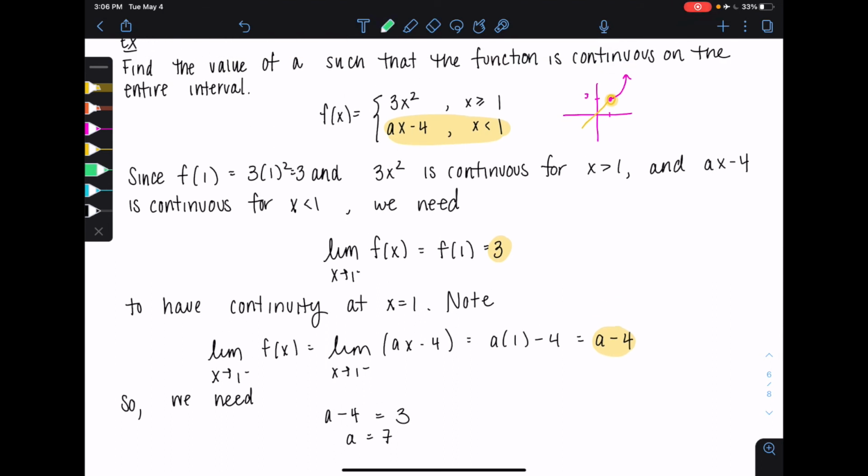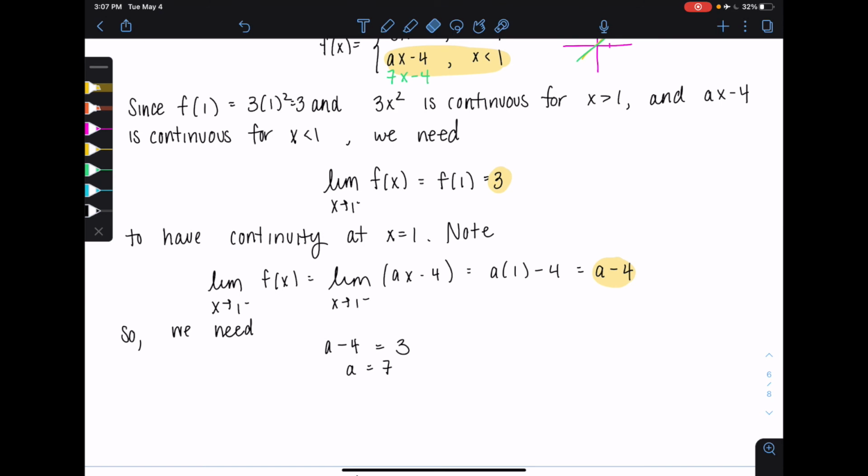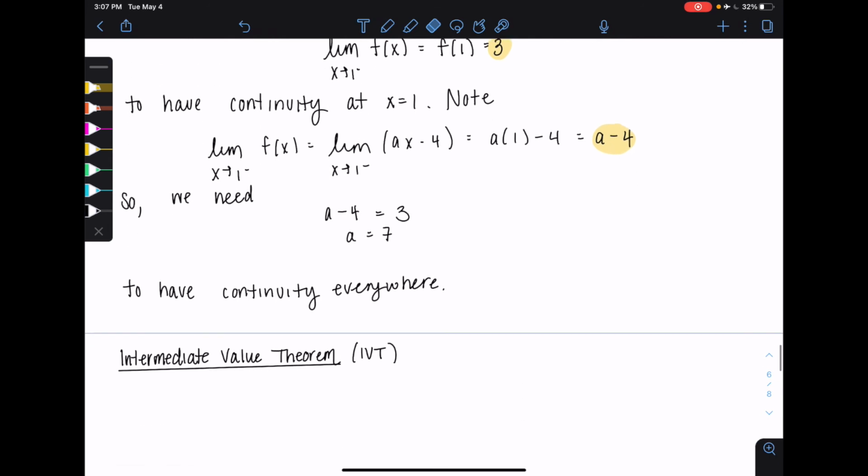So if I change this to 7x minus 4, when I plug in 1, that'll be 7 minus 4. We have the output of 3, and I've got a nice smooth graph now. So we need this to happen to have continuity everywhere. Okay? So anytime you're asked about continuity, it better involve limits in some form or fashion.